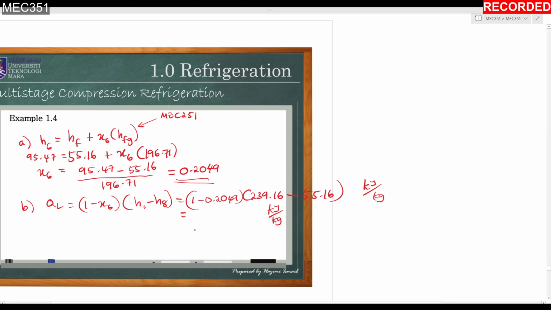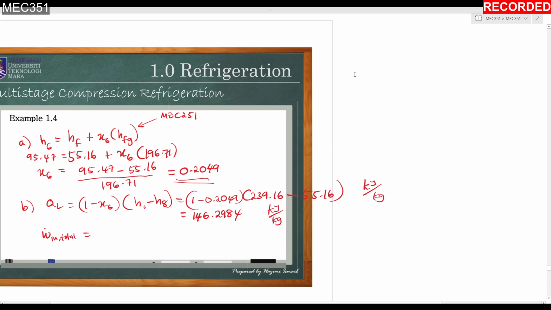Okay, so I have 146.2984 kilojoule per kilogram.